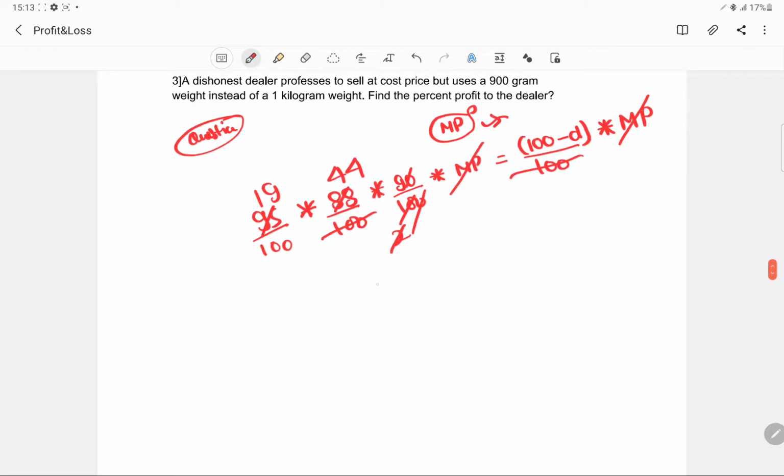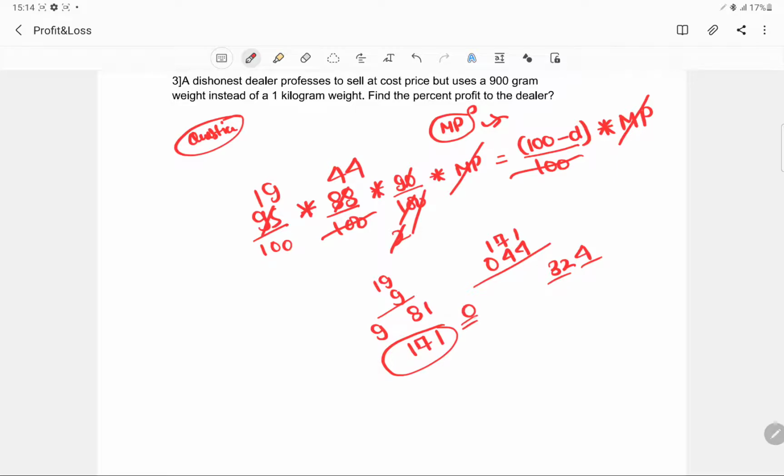So 19 into 9 is 171, and 171 into 44, this has to be very quick. We have been doing this, no?